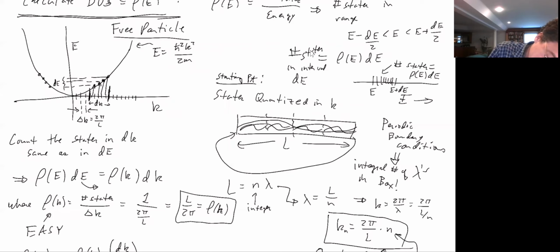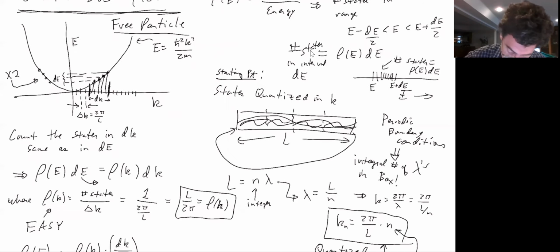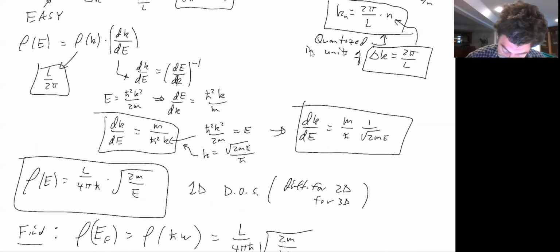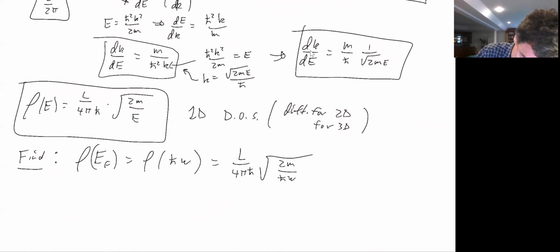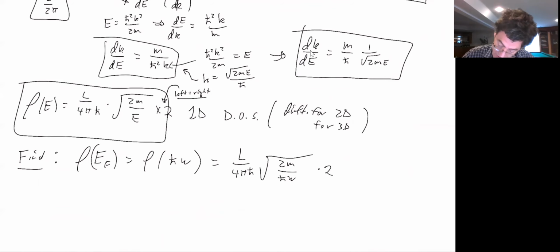So that leads to a factor of 2 because in some energy range, I have the right moving states and I have the left moving states. So I should do times 2 for left and right moving states, a little times 2 for the 2 directions.